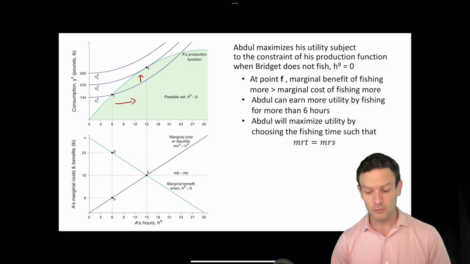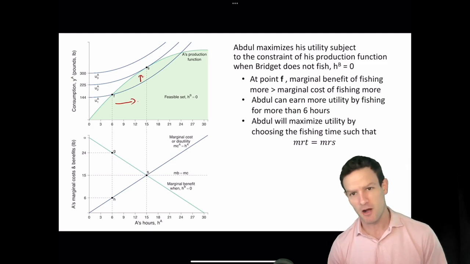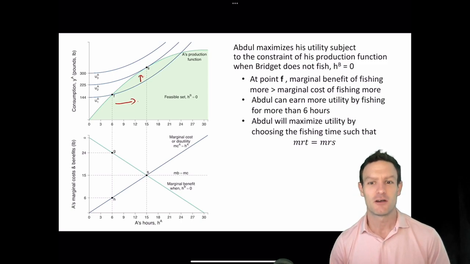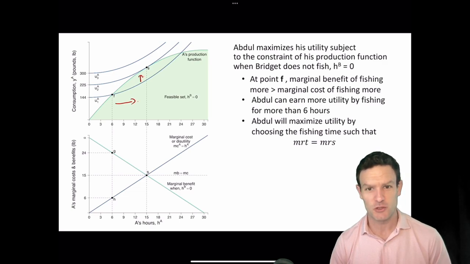So he will maximize his utility by choosing the fishing time such that the MRT is equal to the MRS, the marginal rate of transformation equals the marginal rate of substitution, or the opportunity cost of greater fishing time equals the willingness to pay of fishing time for more fish. Okay, so that's what we think he wants to achieve here.